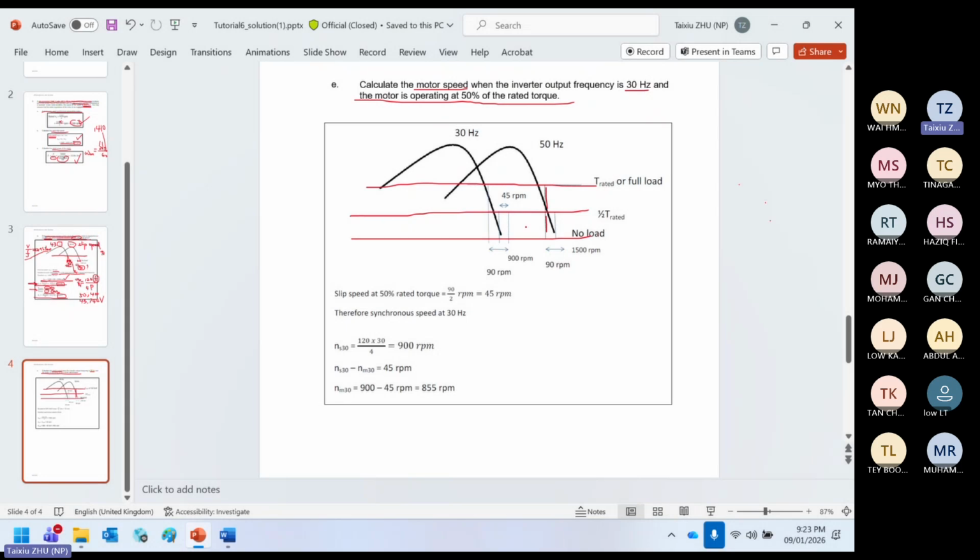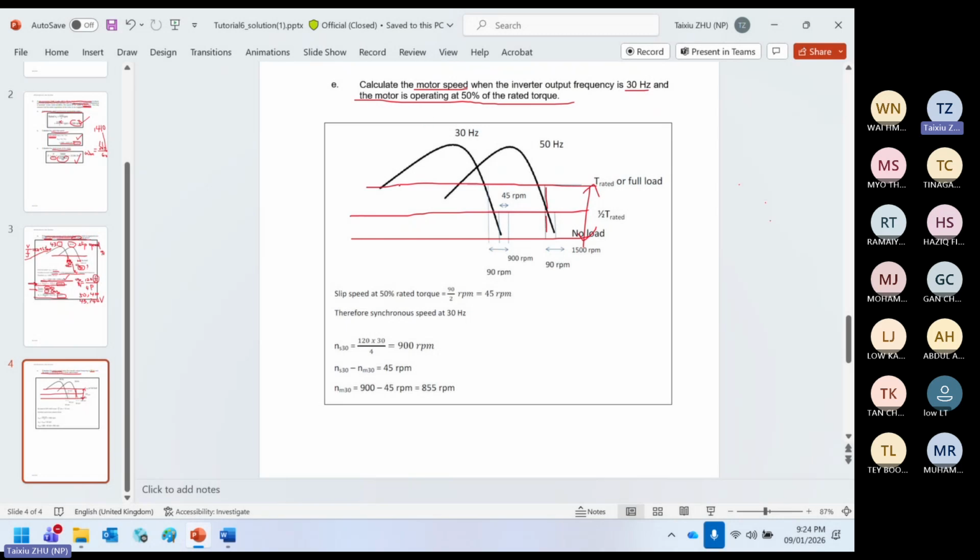Now you see, here is a full load. Now your two things have changed. One is your inverter frequency is smaller. 30 hertz is lower than 50, right? Just now you get it. Then there's another parameter also changed. What is it?